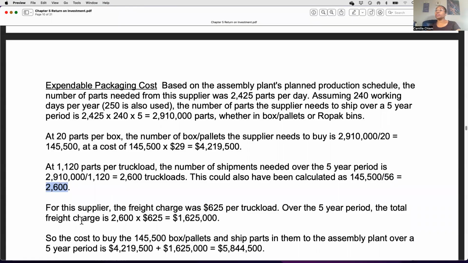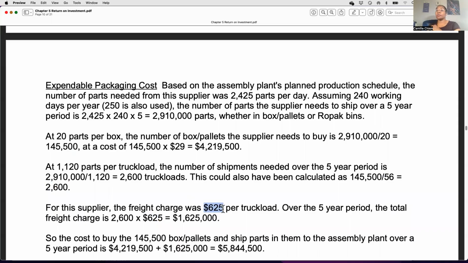Okay, so for this particular supplier, you see there is giving you the cost and the numbers that you use. So for this one, you're going to take the 2,600 truckloads and multiply that by $625, because you've been given the information that your cost is $625 per truckload. Earlier we calculated that other example that tells you how much a truck cost can fluctuate.